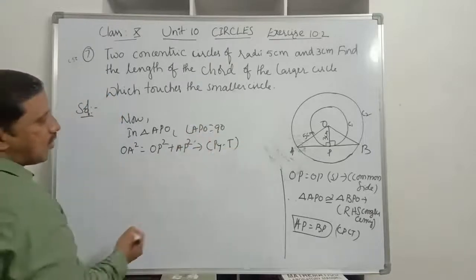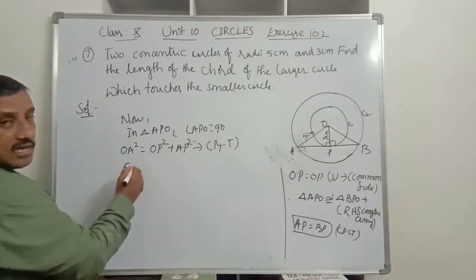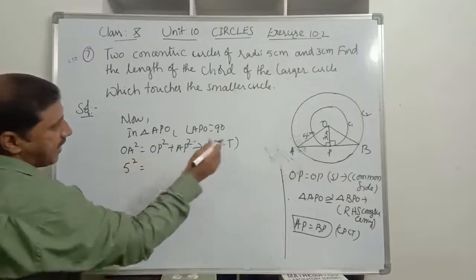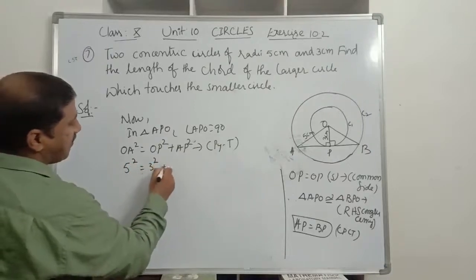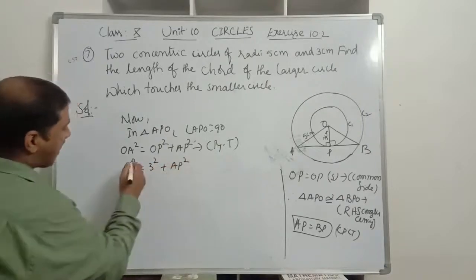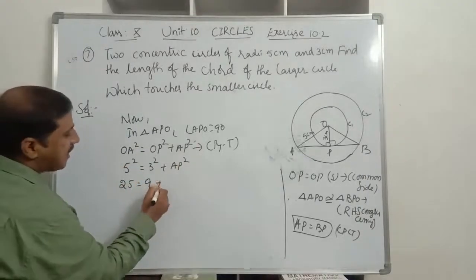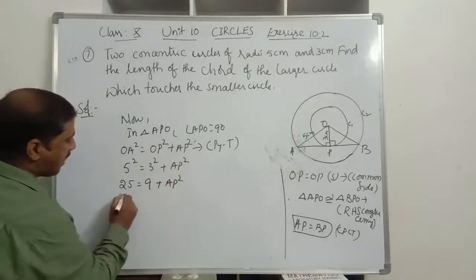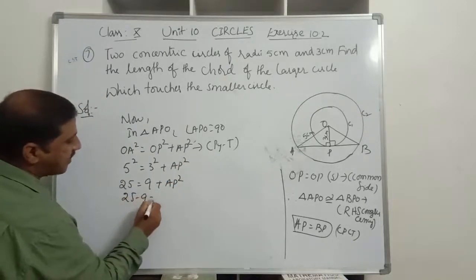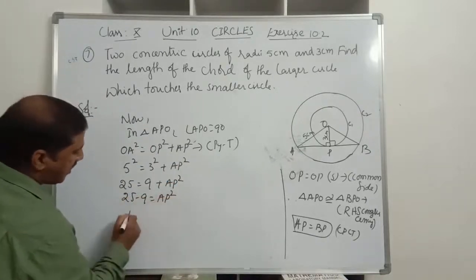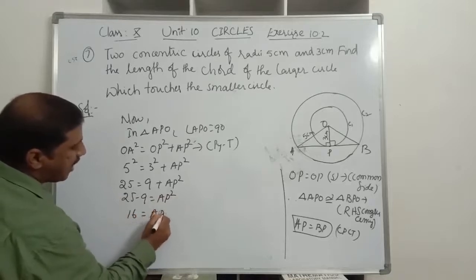Now OA is 5 centimeters, therefore it is 5 square. OP is 3, that is 3 square, plus AP square. 5 square is 25, that is equal to 3 square, which is 9, plus AP square. So 25 minus 9 is equal to AP square, that is 16 is equal to AP square.